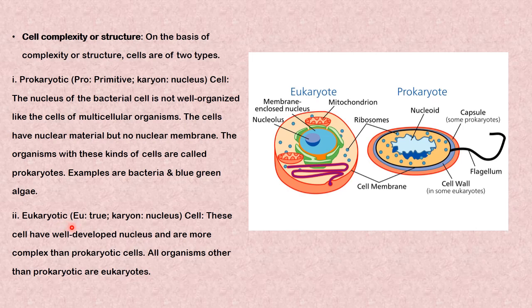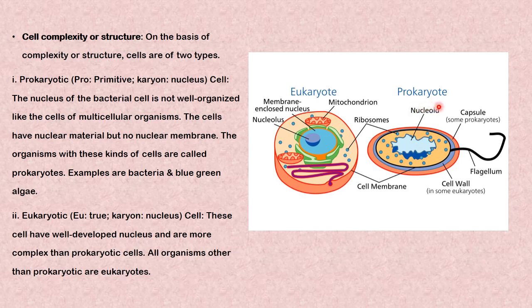And in the case of eukaryotic cell, we have the eu, which means true, and karyon, which means nucleus. These cells have well-developed nucleus and are more complex than prokaryotic cell. All organisms other than prokaryotic cell are eukaryotic cell. As you can see here, in an eukaryotic cell, it has a proper nucleus, which has nucleolus and a nuclear membrane, and other organelles like ribosomes, mitochondria, and so on.